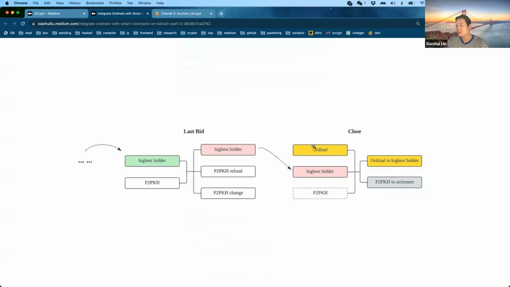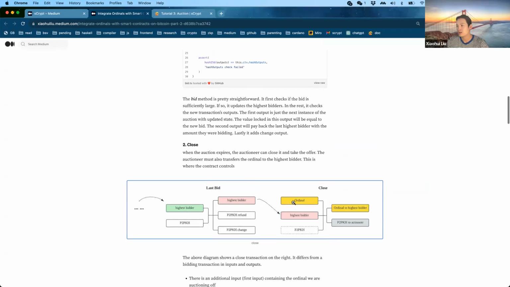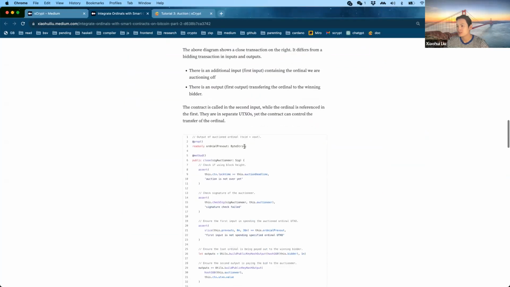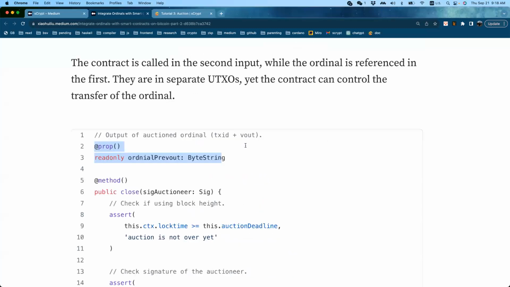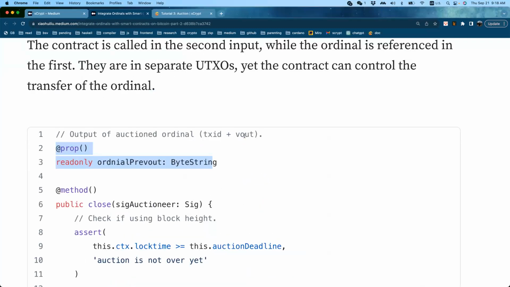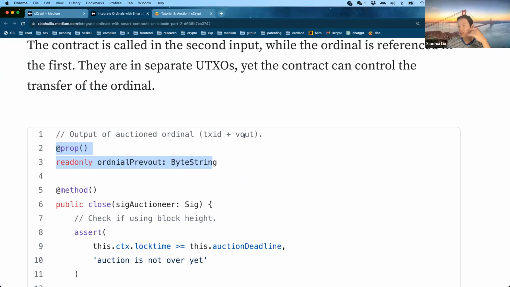It's just hard coded there. It's in the UTXO. You put it there, so it never changes. Bidders can see exactly which UTXO they are bidding to. Yes, you cannot swap it out. You cannot change it after it's deployed. Okay, yeah, that's how it works.